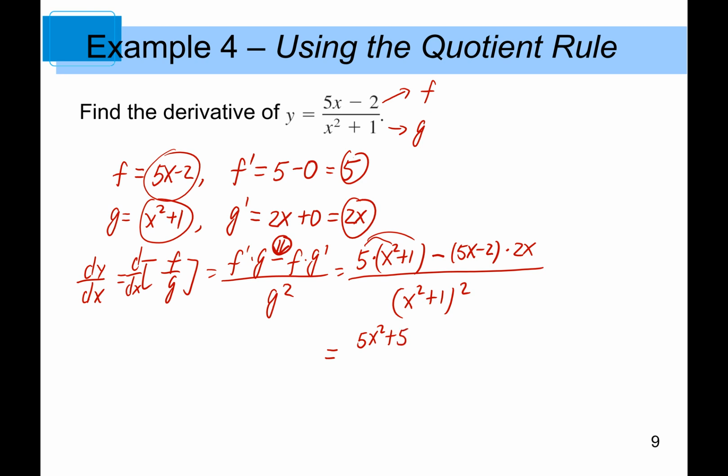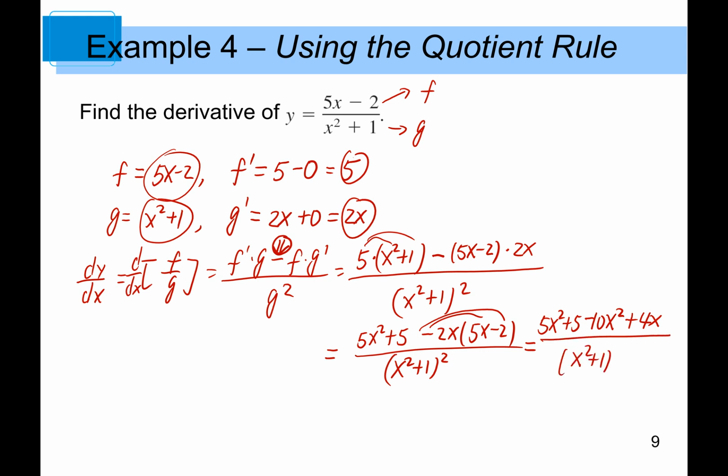Now we have negative 2x, put 2x in front of 5x minus 2, over x squared plus 1 in parentheses, squared. So let's expand it. We have 5x squared plus 5, negative 2x times 5x is negative 10x squared, negative 2x times negative 2 gives us positive 4x.